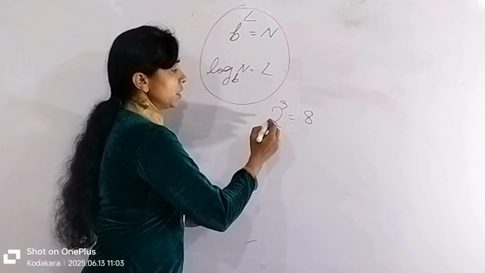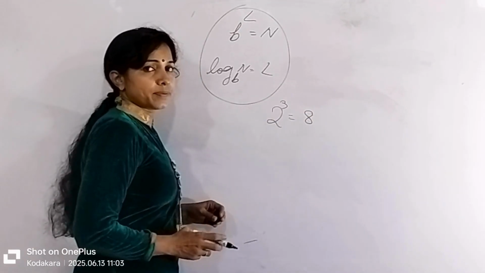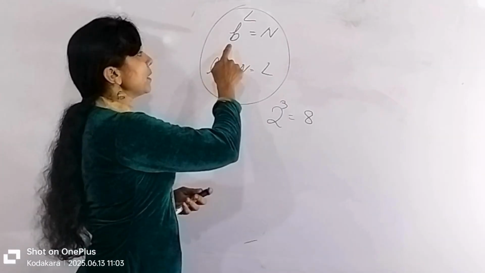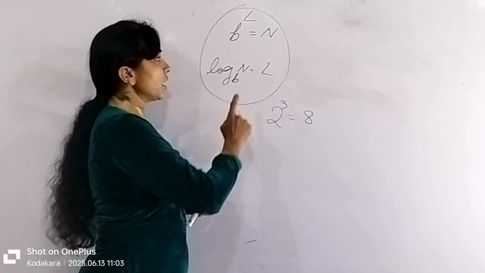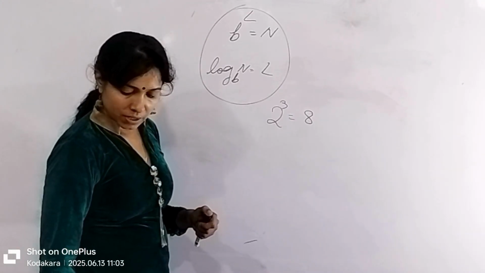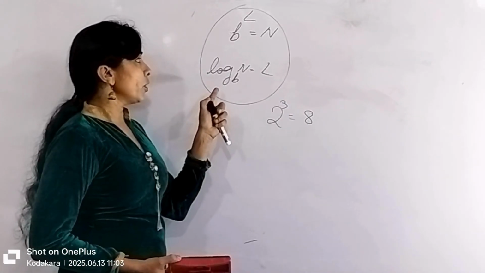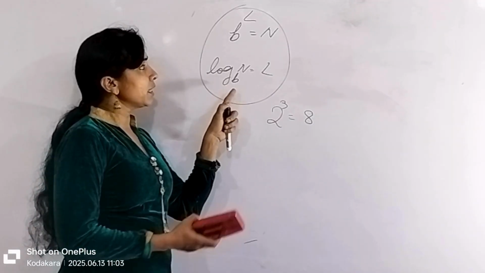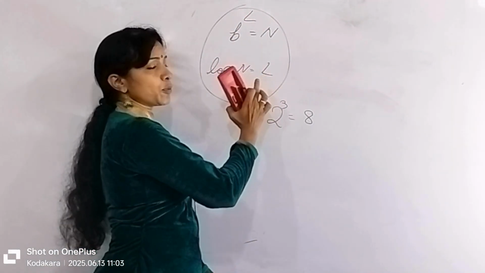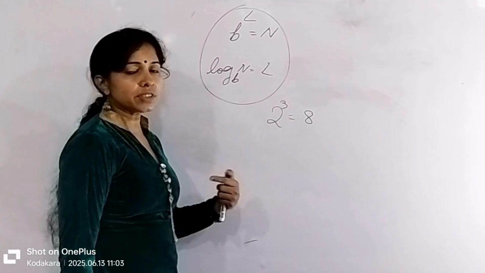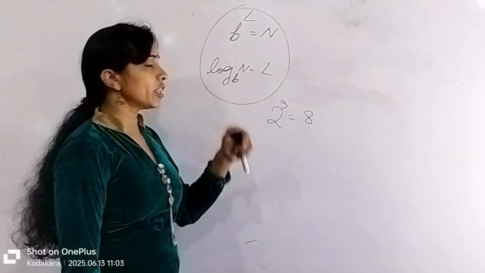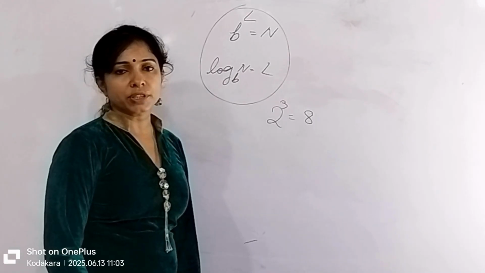Here 2 is a factor of 8 three times. That is exponential. Here b is the base, L is the exponent and n is the number. If you take the logarithm with base b, the number n comes here and the exponent comes here. This is the relation between the logarithmic function and the exponential function.